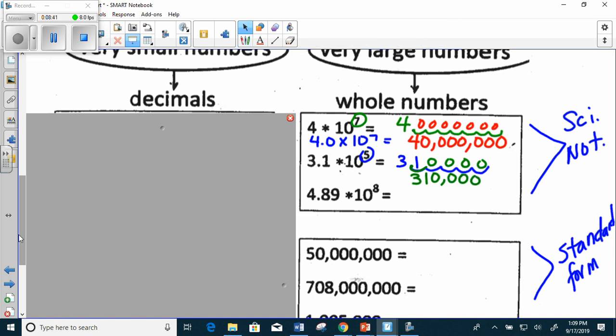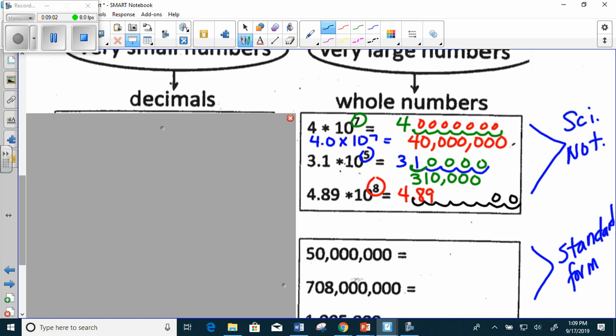Right? 4.89 times 10 to the 8th. I know it's a large number because I'm multiplying by a power of 10. So 4.89. I'm going to move the decimal 8 times to the right. 1, 2, 3, 4, 5, 6, 7, 8.